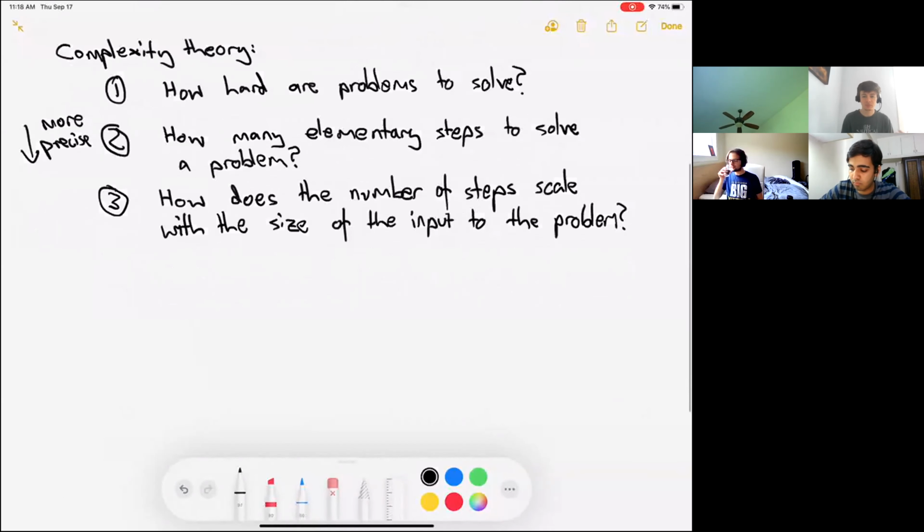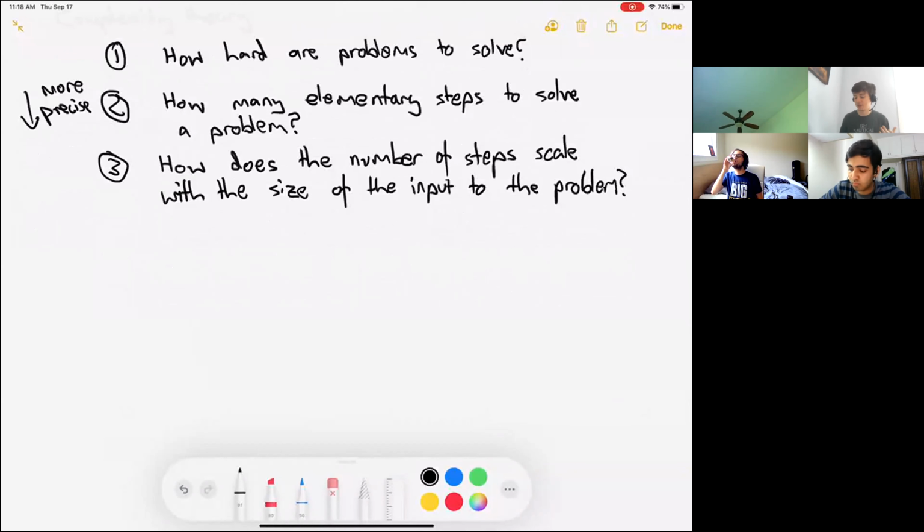Okay. So there's a lot of different definitions of classes of problems that you can define complexities for. But the most common one is what's called a decision problem, which is pretty self-explanatory.